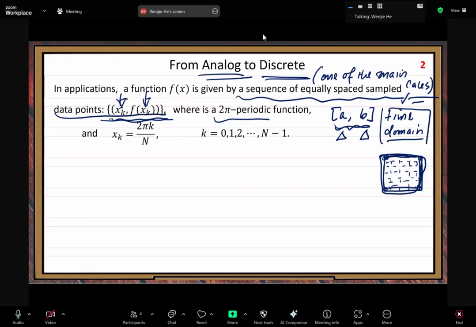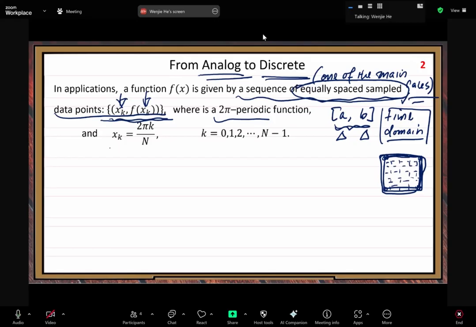All the signals, these 3 types, are all equally spaced, sampled data points. So you can see, we are targeting this type of data, a lot of applications in the real world.